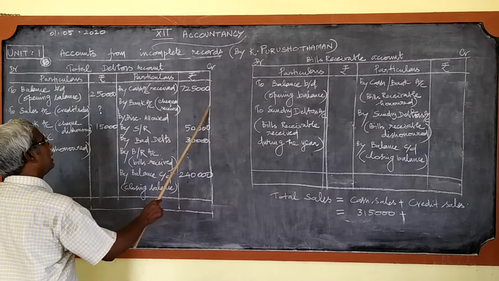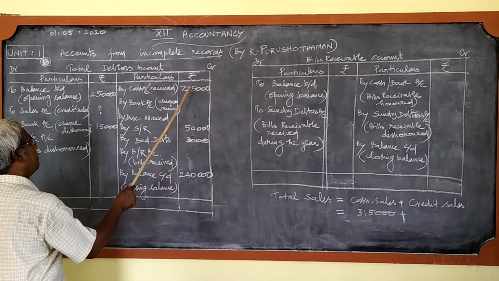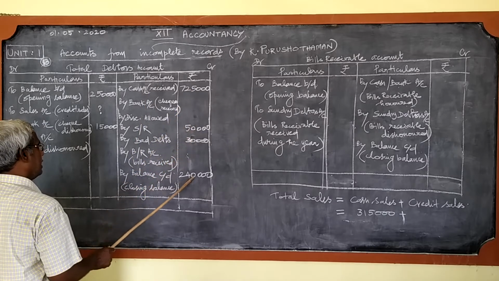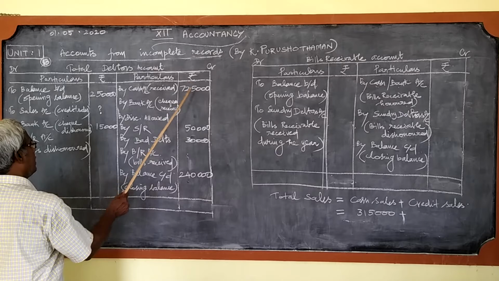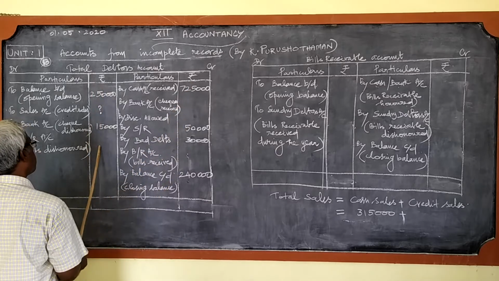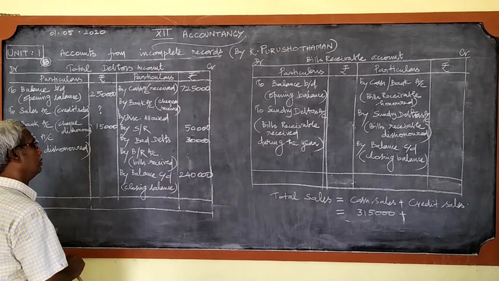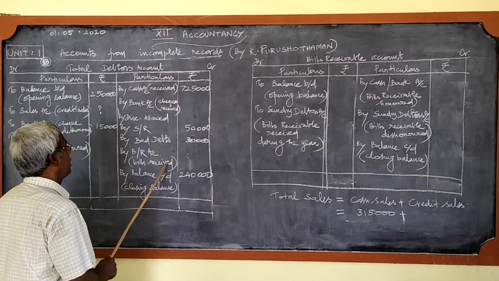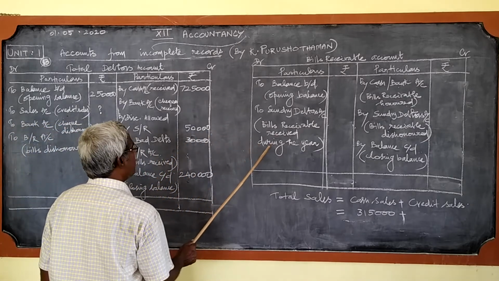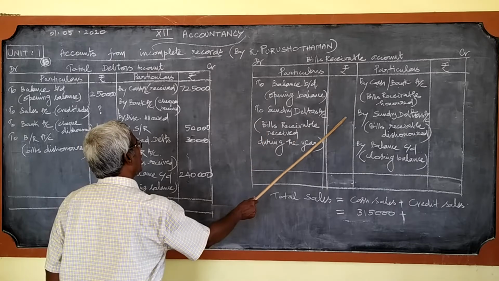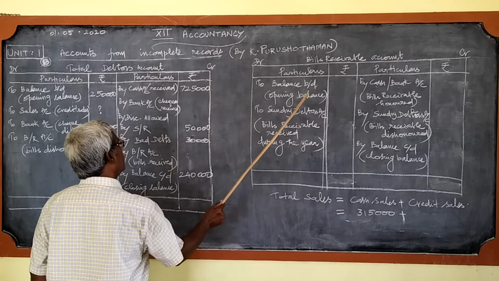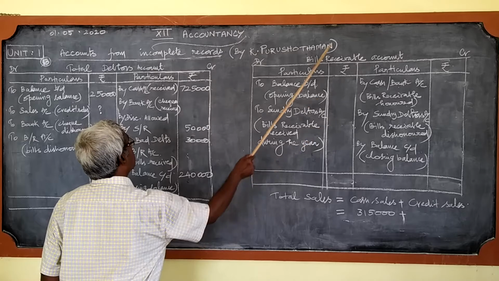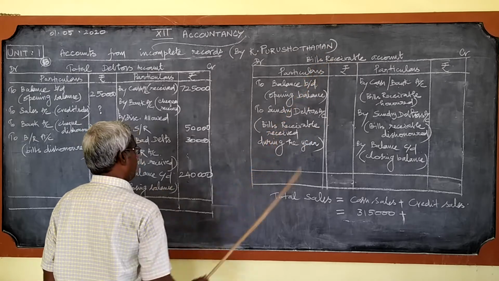What all the values given here we have substituted against the necessary items. What we must do is find the bills receivable received. To find this, we must use this format also.